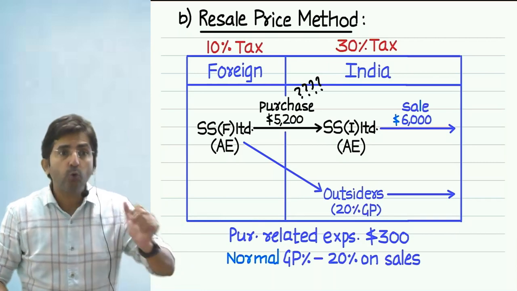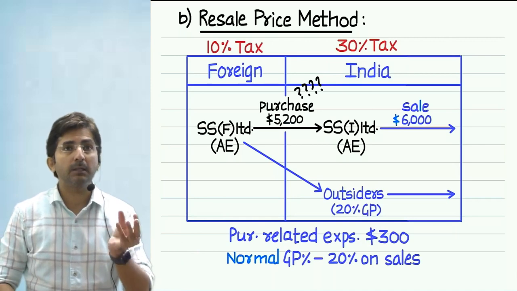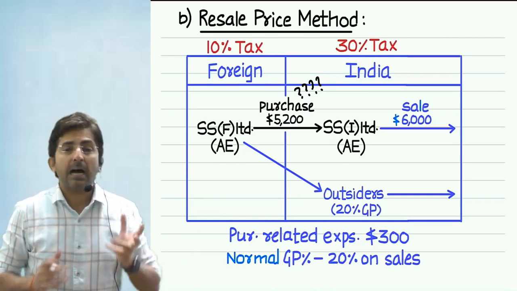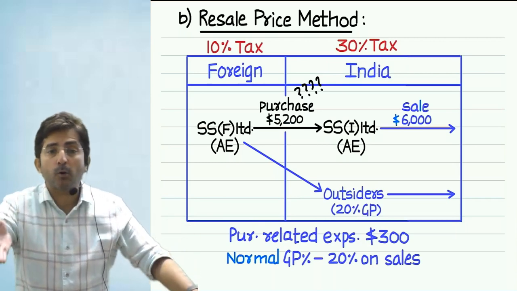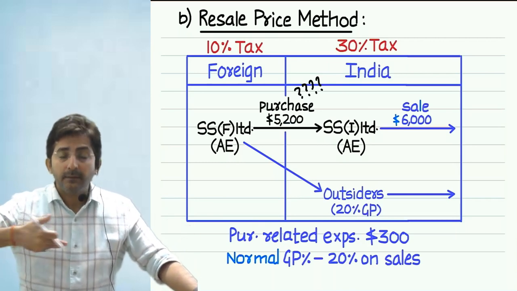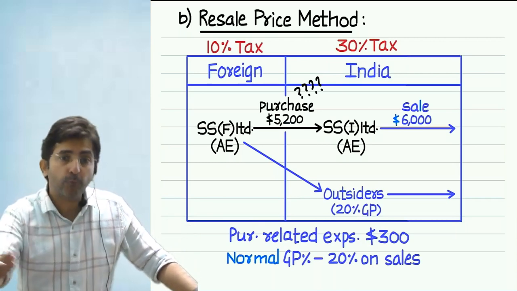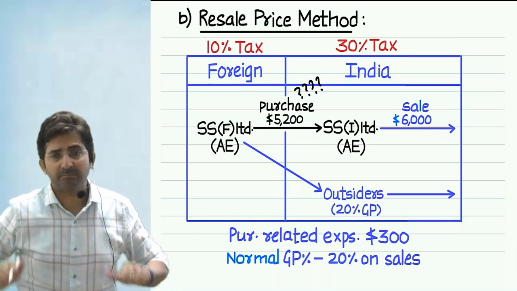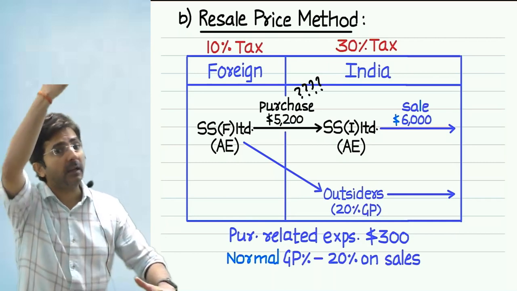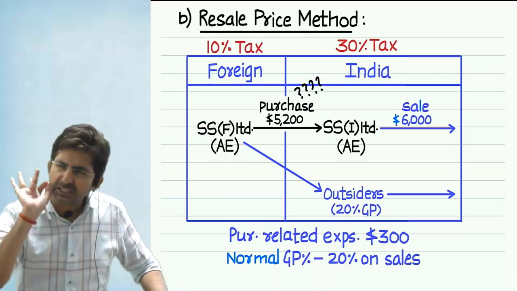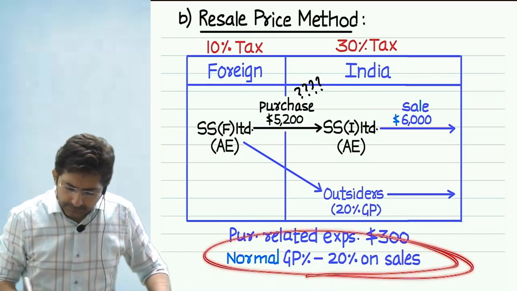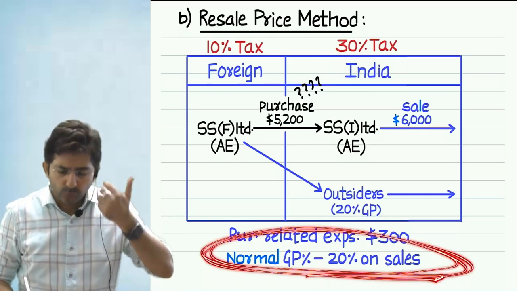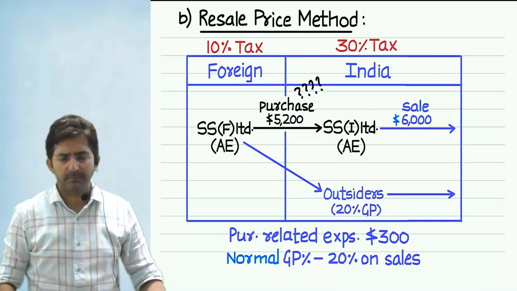They have to do this research, for example, if the product is mobile or shampoo or say garments, in that particular product, what is the margin in the retail industry, that we have to find out. But that headache you don't have to take in the exam. That headache is there in real life. In the exam, trust me, this 20% will be given in the question. You simply have to use that data and find out the price.